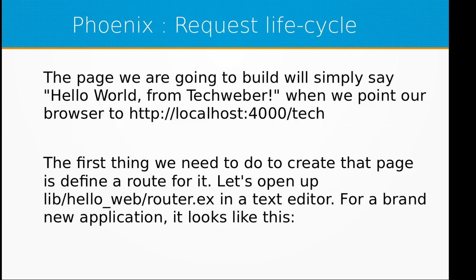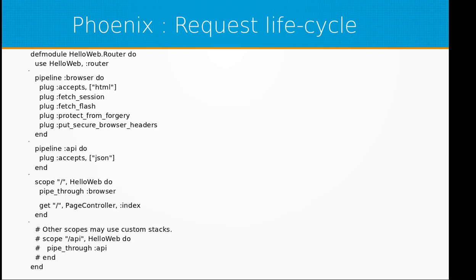The page we are going to build will simply say hello world from TechWeber when we point our browser to localhost:4000/tech. The first thing we need to do to create that page is define a route for it. Let's open up the router.ex file in a text editor. For a brand new application, it looks like this.